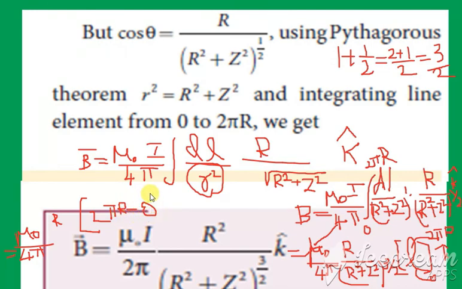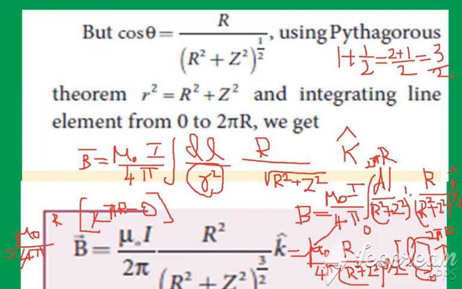Now here we have 2 pi r. This 2 and this 2 get cancelled, so the remaining is 1. Already we have the r here and the denominator term as it is, so we get mu naught I by 2 pi r into r, that is r square, divided by r square plus z square whole power 3 by 2 as it is.